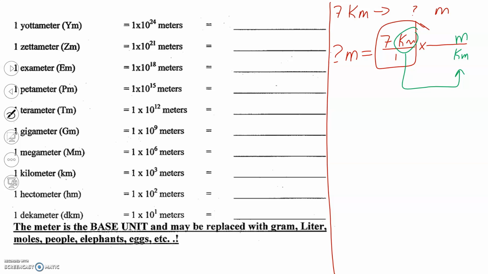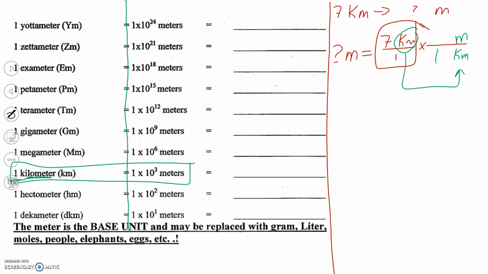So now, when we look at our metrics chart over here, we're going to look at kilometers. Again, you can think of these equal signs as a giant wall, and in fact, if you want to draw a line down the middle of it, go for it, so you know that there's that barrier there. When we look at kilo, the number associated with kilo, kilometer is 1. So 1 goes with our kilometer.